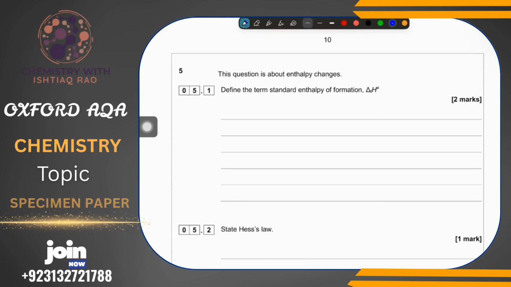This question is about enthalpy changes. Define the term standard enthalpy change of formation.